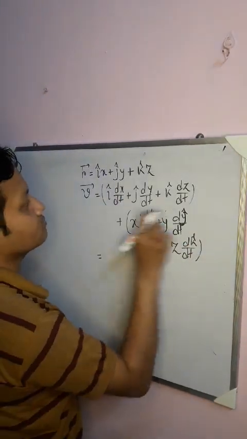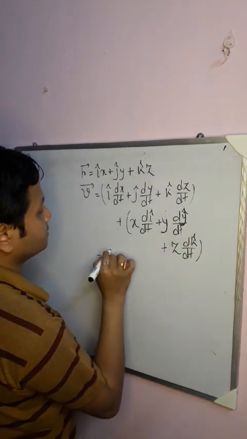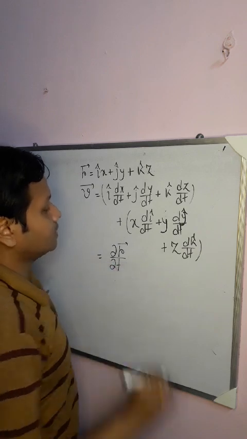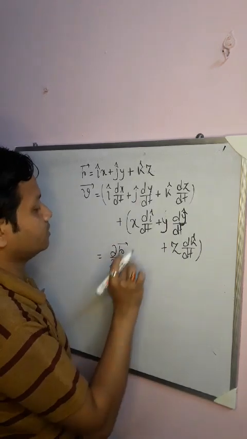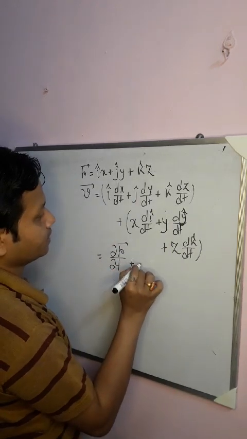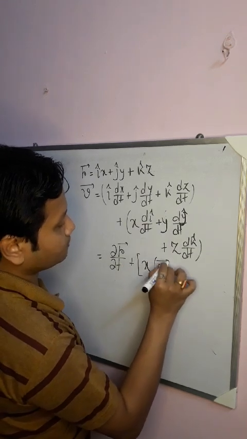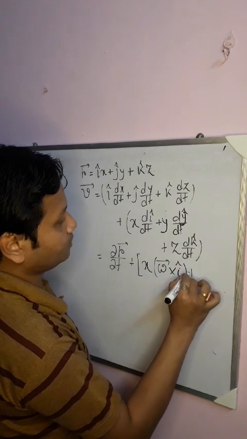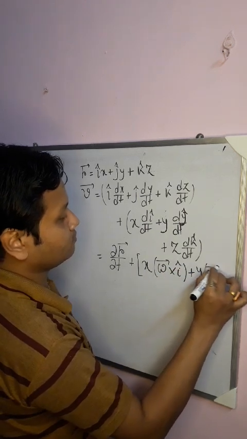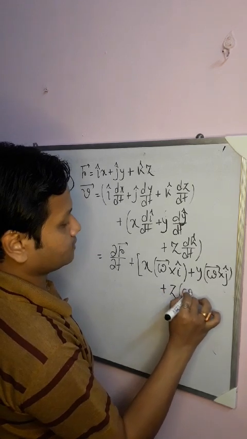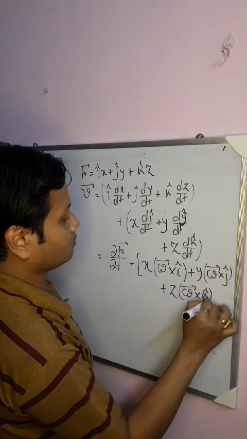So this term you can consider as, say, del r/del t. Obviously position coordinates are involved here, so take this term as del r/del t. And if we substitute, this is omega cross i, y times omega cross j, plus z times omega cross k.